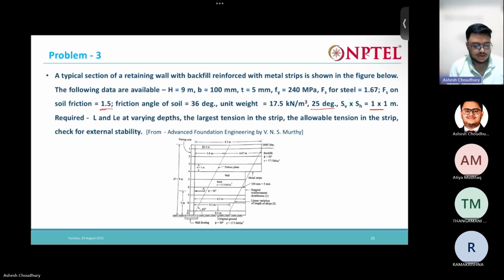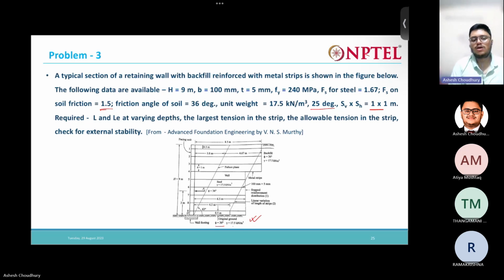So next, what you can do by yourself is find out the bearing capacity, the factor of safety in bearing. For the original case, you can see phi and gamma are given.